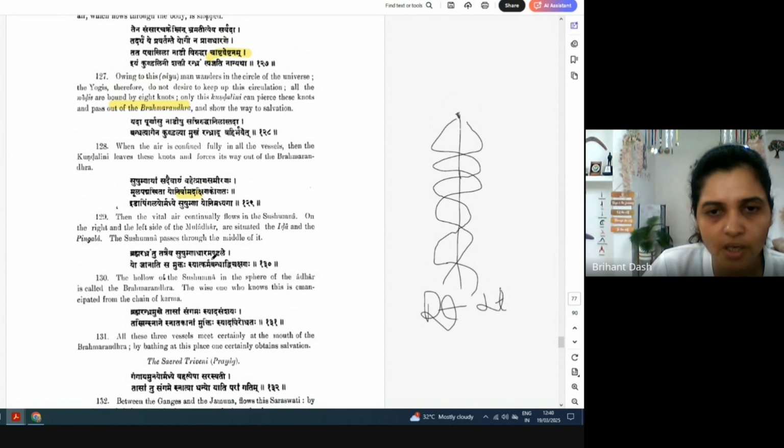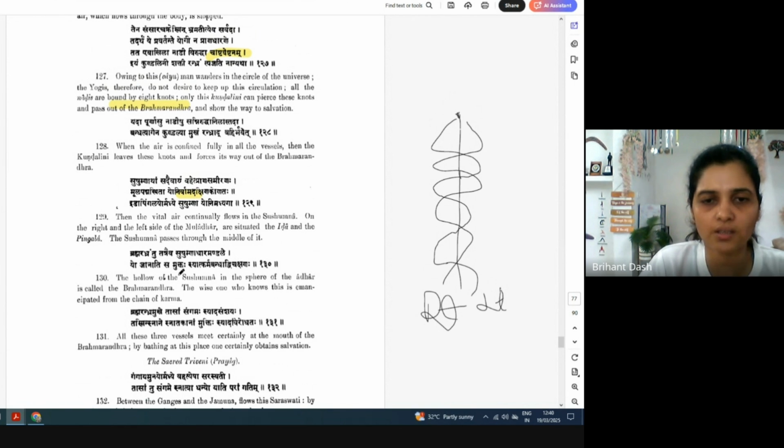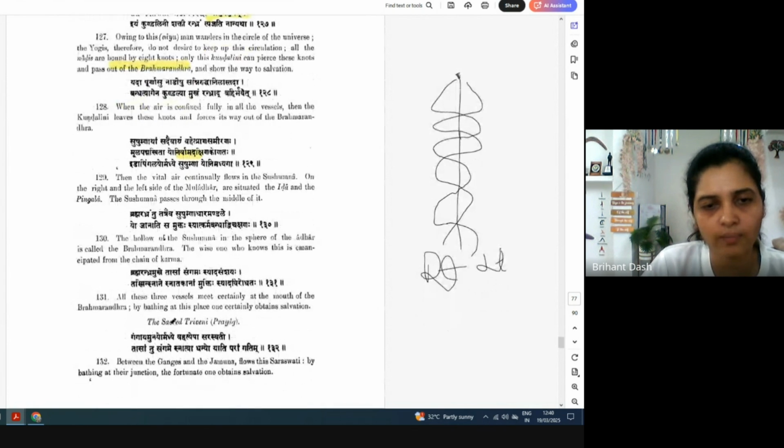Dhantut Deva Shishmana Dhara Mandale Yo Janati Samukta. The whole of the Shushmana is the sphere of the Adhar. It's called Brahmarandra. The wise one who knows this is free from the chain of karma. Okay. All these three vessels meet certainly at the mouth of the Brahmarandra. Wherever is the union, there are the chakras. Okay. Wherever they meet, there is one chakra. All three, Ida, Pingla, and Shushmana.